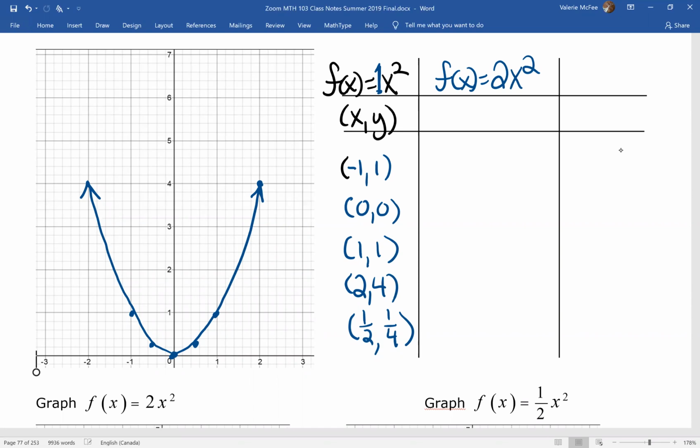So are we changing x or are we changing y? Remember, function notation tells us that f of x represents y, and y equals x squared. So here's our x squared. This is y. We're changing y.